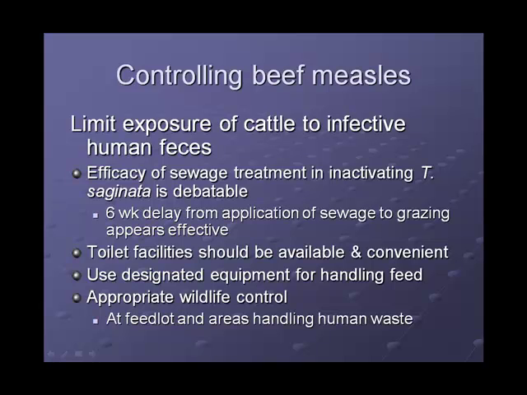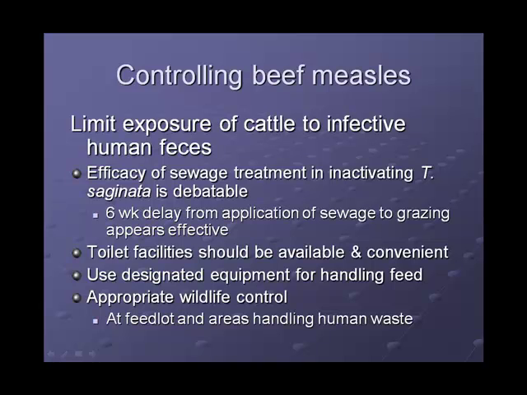These proglottids and the eggs are going to retain some infectivity after having gone through typical human sewage treatment plants, and so even if you're using treated sewage, you need to have some concern and withhold animals from being exposed to that environment for up to 6 weeks.